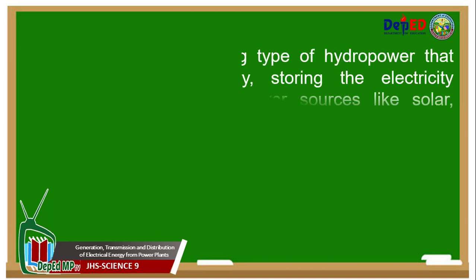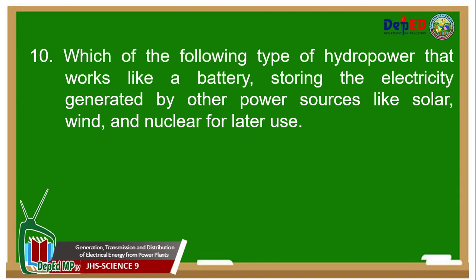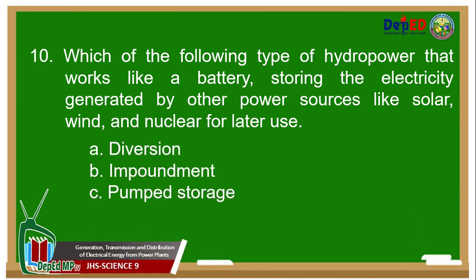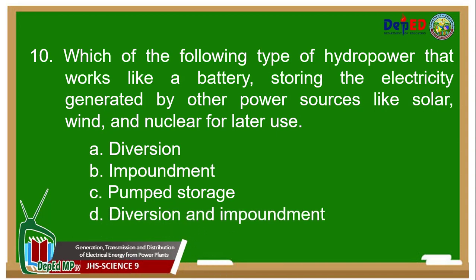Number 10. Which of the following types of hydropower works like a battery, storing the electricity generated by other power sources like solar, wind, and nuclear for later use? A. Diversion. B. Fountain. C. Pump storage. D. Diversion and impoundment.